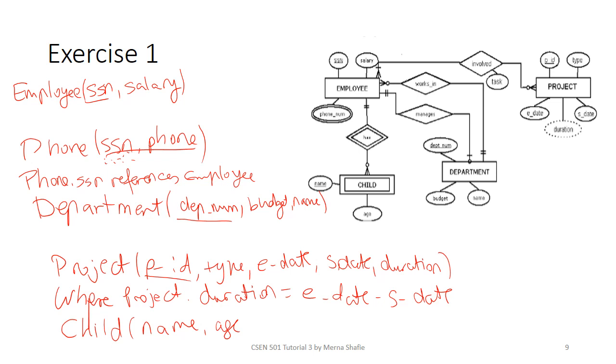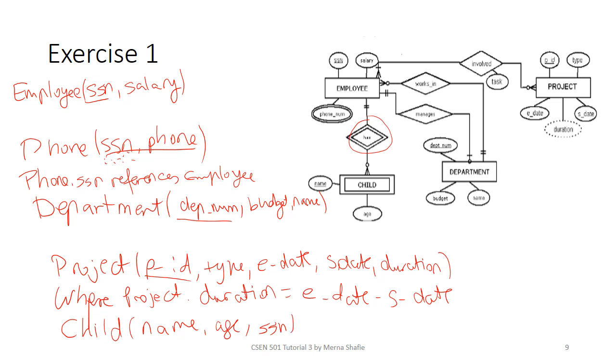So how will I get to know this entity? I will get to know it from the double rhombus. I will need to search for the double rhombus in order to get to know what is the entity from which it inherits or borrows the primary key for it to be uniquely identified. In this case, it's the employee. So I will need to add the SSN of the employee as part of the attributes of the child entity.